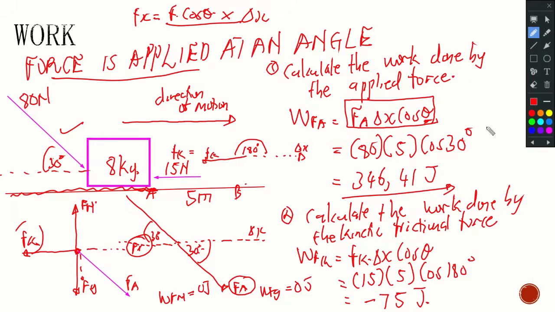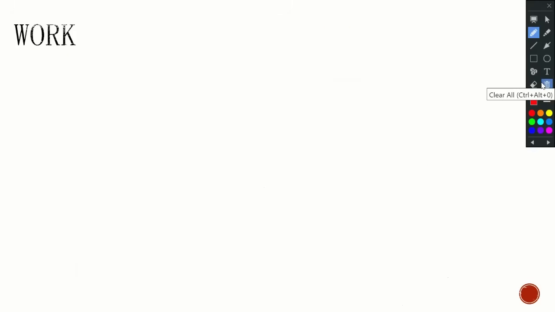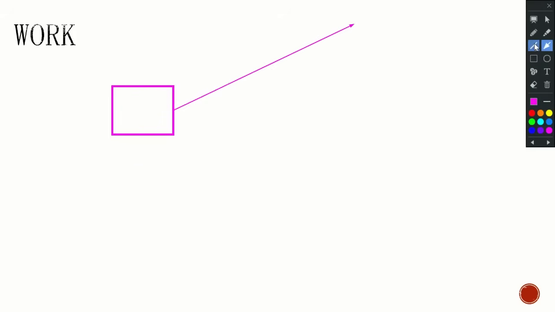Okay, so let's look at another case. That was for when the object is being pushed. Let's see now if the object is being pulled. So the object is being pulled, let's say this time at an angle of 60 degrees.